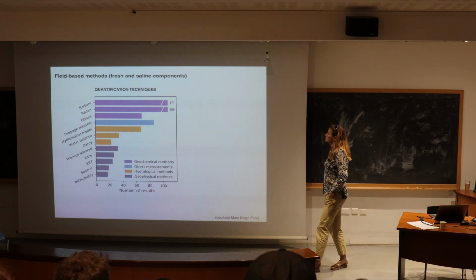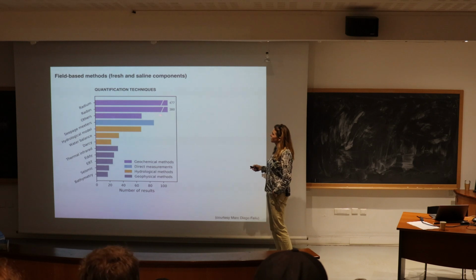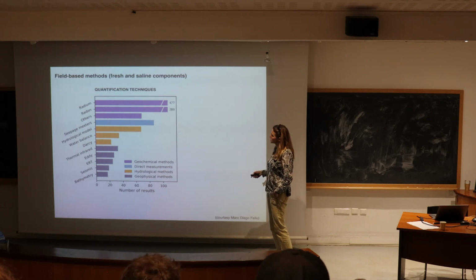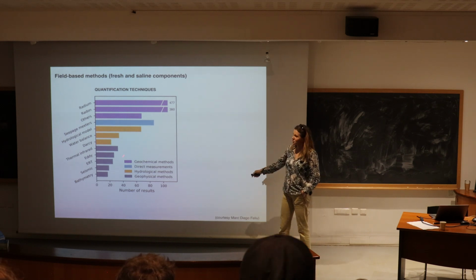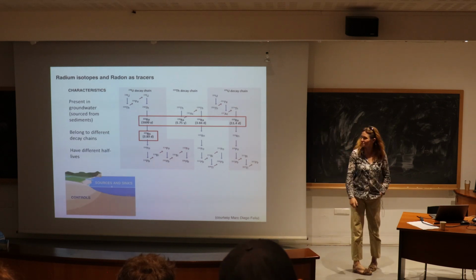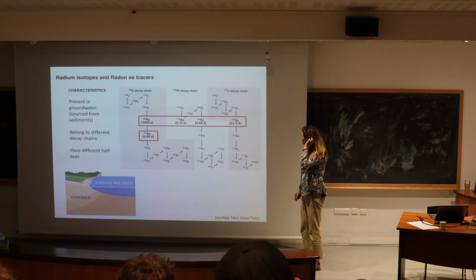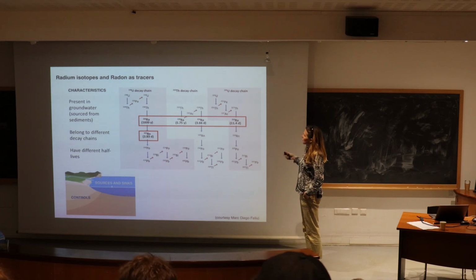How else do we try to estimate these fluxes? There's all kinds of ways to get at it in the field, including natural radiogenic tracers, seepage meters, different direct measurements with wells, and then geophysics, which we've got a little bit of a taste for in these 2 weeks. Just a quick overview of the natural radiogenic tracers.